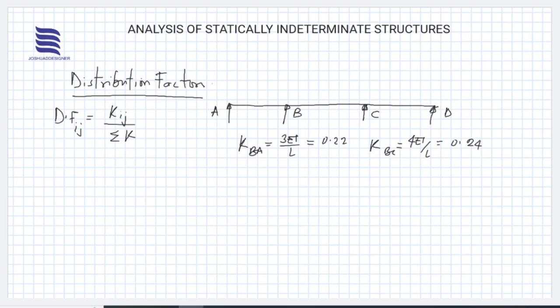I'm trying to explain the distribution factor to you. So if we are supposed to get the distribution factor for BA, that will be the stiffness for BA itself divided by the summation of stiffness at that point, which means KBA plus KBC. So that will be 0.22 divided by 0.22 plus 0.24. That's exactly what I'm saying, right?